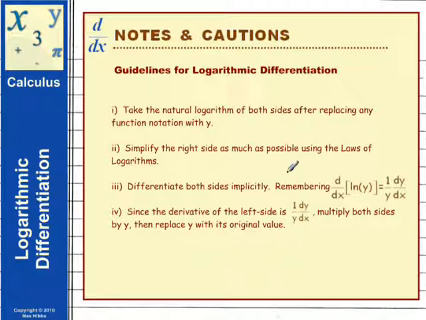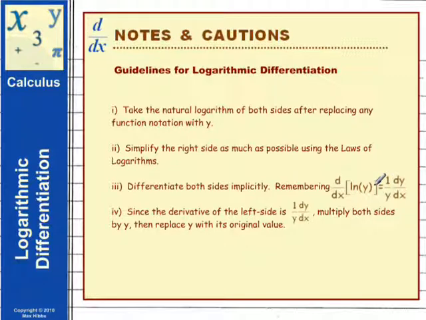After we've got the right side simplified as much as possible, we take the derivative of both sides, and during that process on the left side we'll end up with the derivative of the natural log of y, which we remember is 1 over y times dy dx. So that's a critical part in our process.